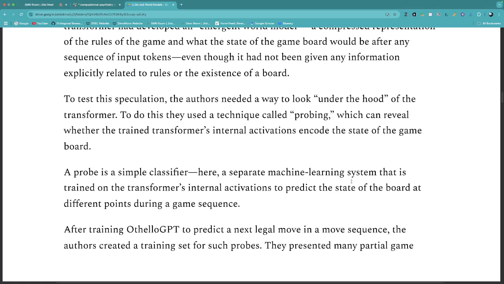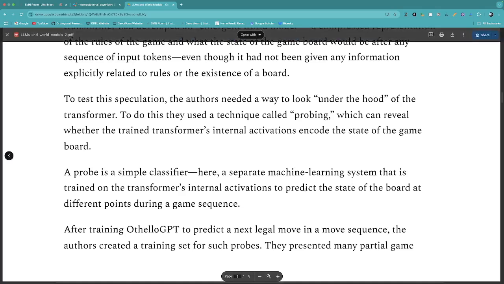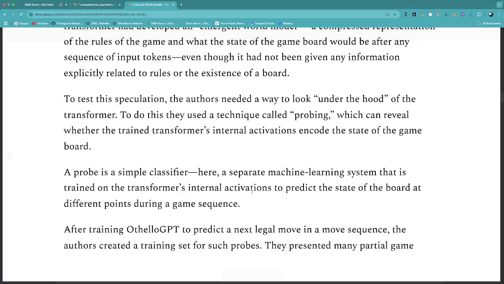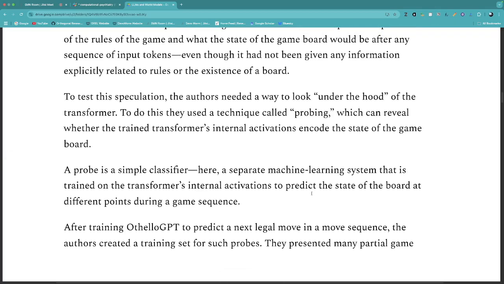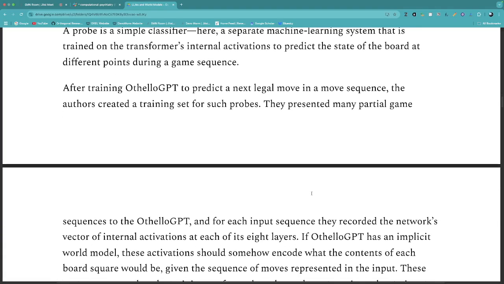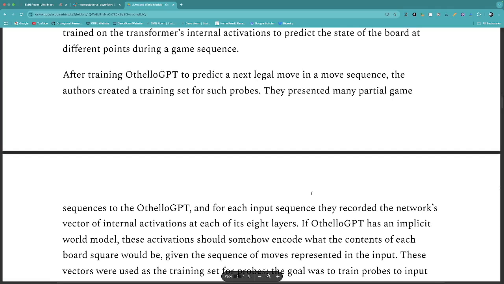To do this, they used a technique called probing, which can reveal whether the trained transformer's internal activations encoded the state of the game board. So this probe is a simple classifier that is trained on the transformer's internal activations to predict the state of the board at different points during a game sequence. So they created a training set for these probes.